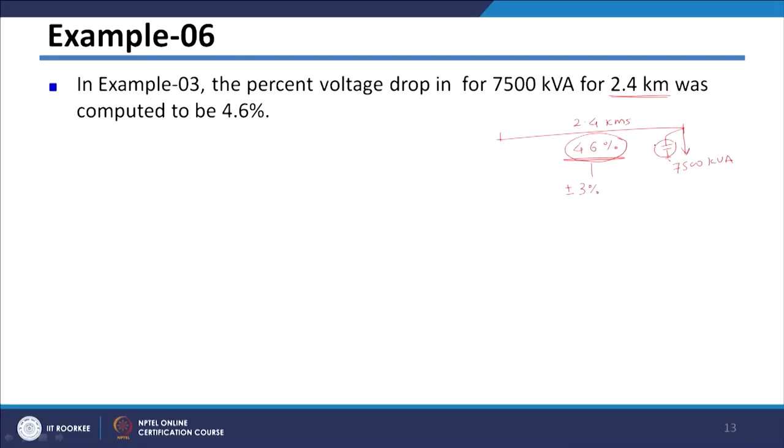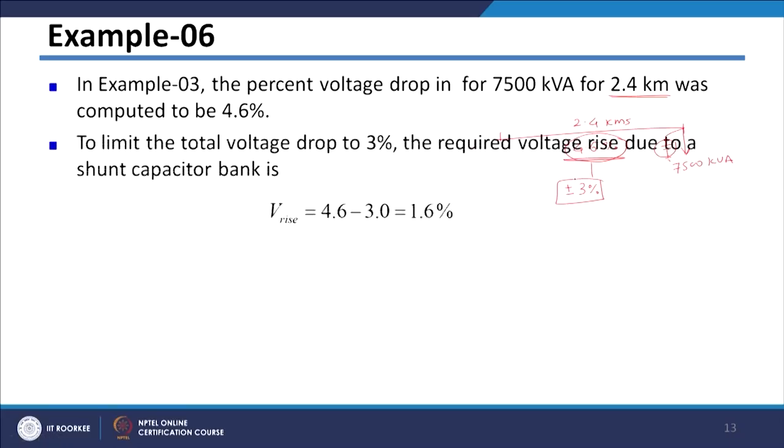So by putting the capacitor across this load, we want to increase the voltage so that the percentage voltage drop will be within the limit of plus minus 3%. So to limit total voltage drop to 3%, the required voltage rise due to the shunt capacitor bank is, we want to raise the voltage by 1.6%.